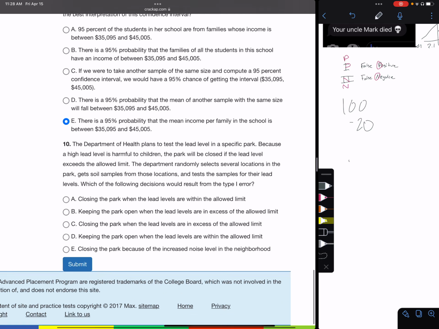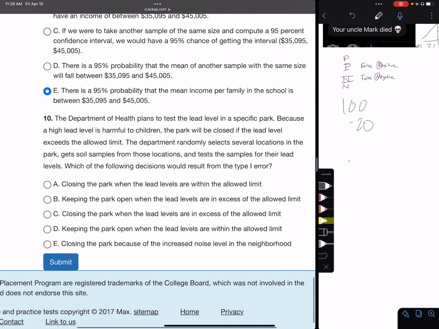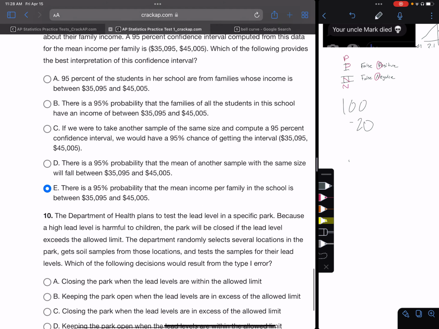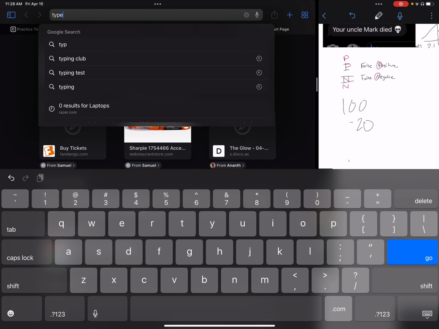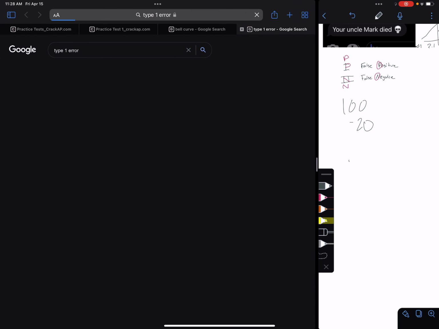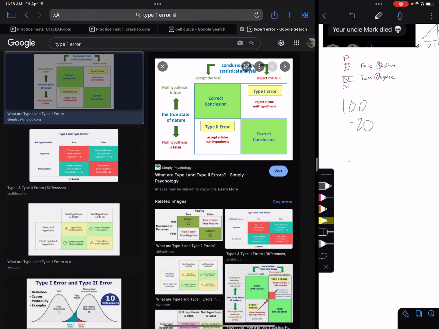So type 1. You accept the null. No, you reject the null when the null is true.